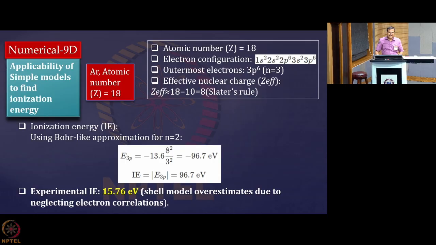So, what essentially these numericals in 9A to 9D tell us is that the Bohr's model, what we have learned in our school days, is applicable correctly only for single electron systems, and for multi-electron systems it gives values which are not the same as the experimental ones, basically due to non-proper accounting of the electron correlations like electron repulsions and shielding.